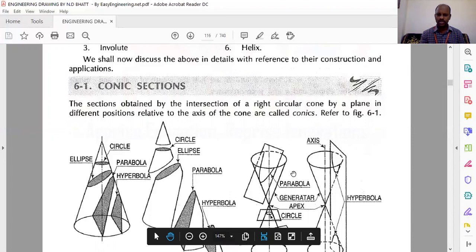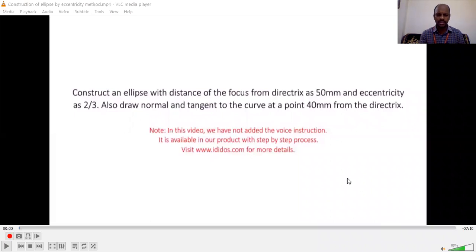Let me share one more screen. Please observe. Basically, what I'm going to explain is a small problem for your understanding.